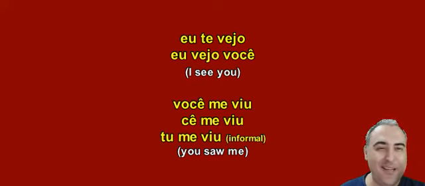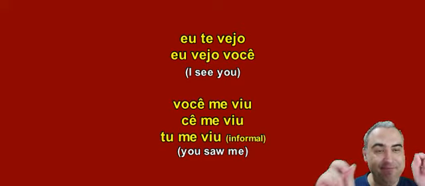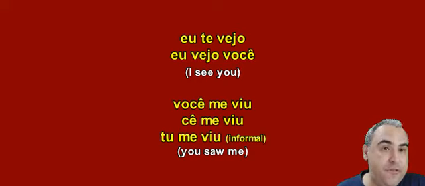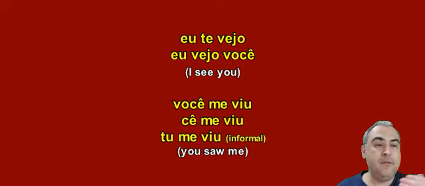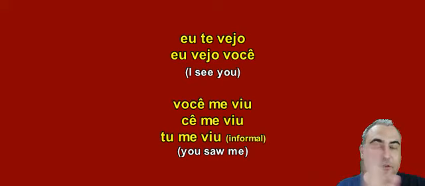Eu vejo você sounds a little more polite, okay? So you have two ways of saying the you as an object of a verb. Te, usually pronounced ti, eu te vejo, eu vejo você, which is what they recommend for most people, using você after the verb.